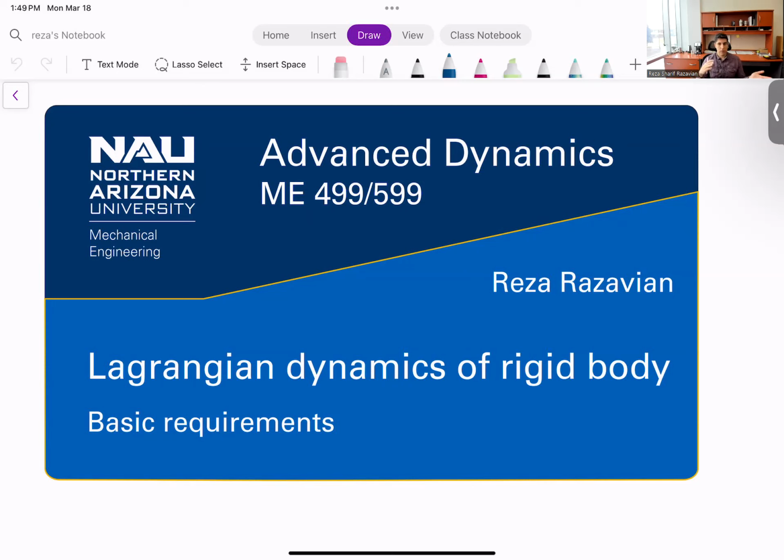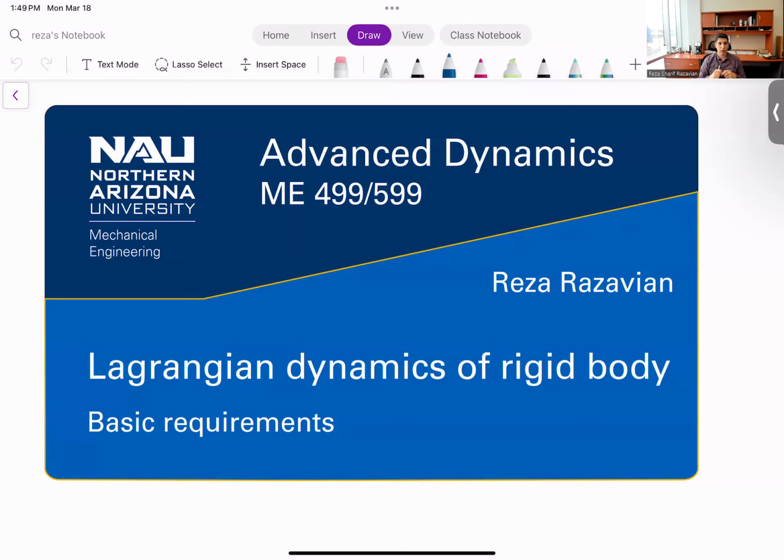Now we are changing our perspective a little and looking at Lagrangian dynamics. So unlike Newton-Euler, where everything was in three-dimensional space and we had many vectors in 3D, in Lagrangian, we have a single vector in a larger dimension, like an n-dimensional vector in our generalized coordinate space or the configuration space.